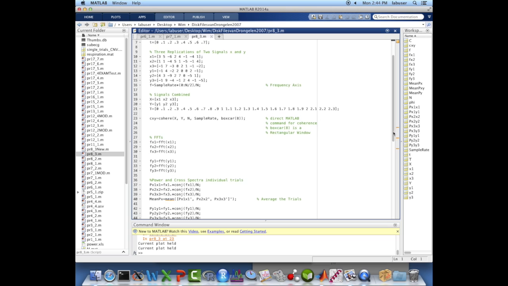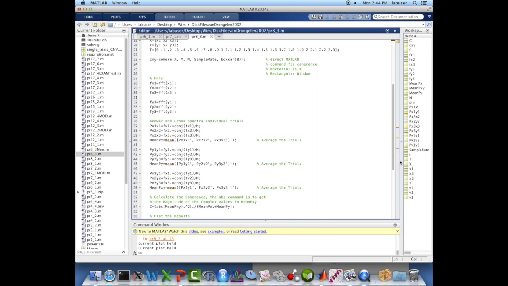And there you can see that the first part is the FFTs, which is happening here for all the x's, the FFTs for all the y's. Then we compute the power spectra and the cross spectra for the individual trials. And then finally, on line 54, we compute the equation that we just had on the blackboard.